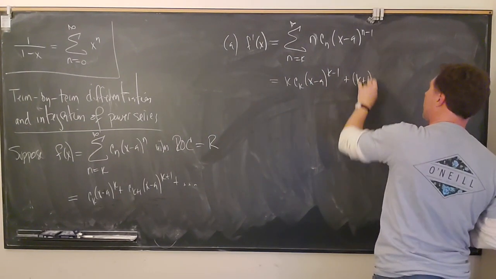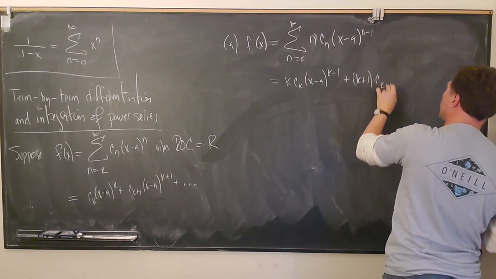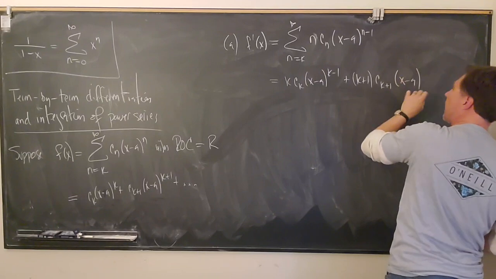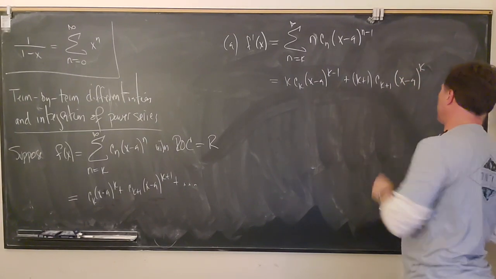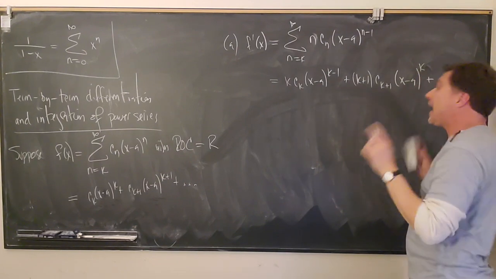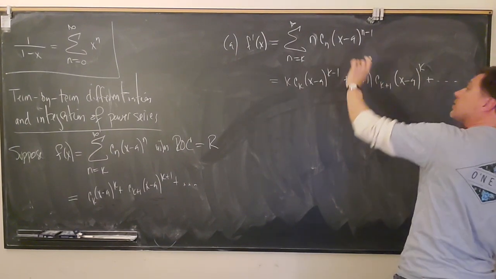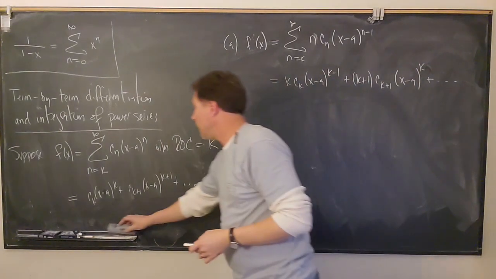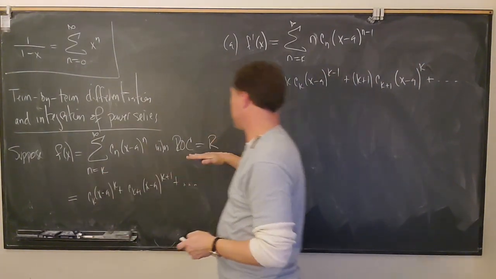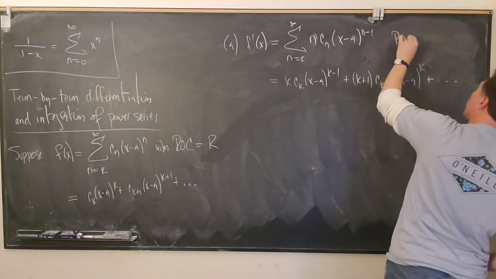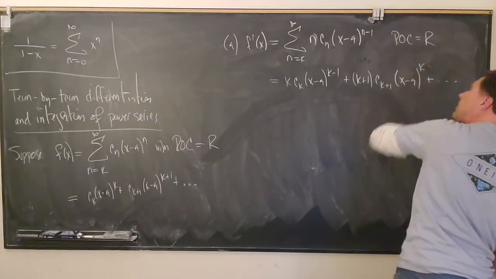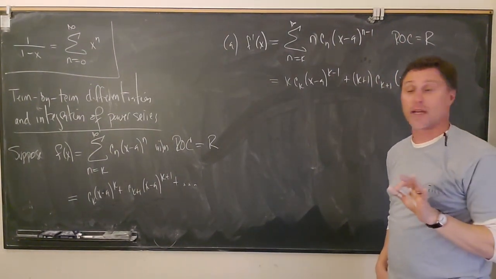Bring the exponent out front, and then subtract 1 from the exponent. And this would keep going on forever. And here's the additional fact: if the original function has radius of convergence R, same thing here. When you take the derivative, the radius of convergence does not change.